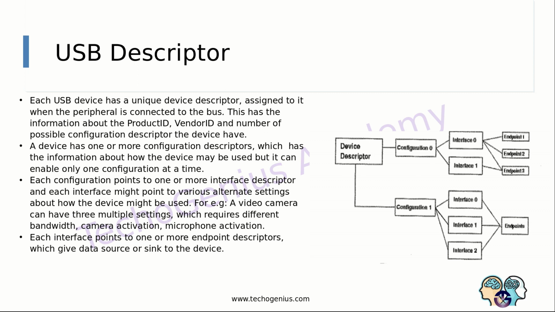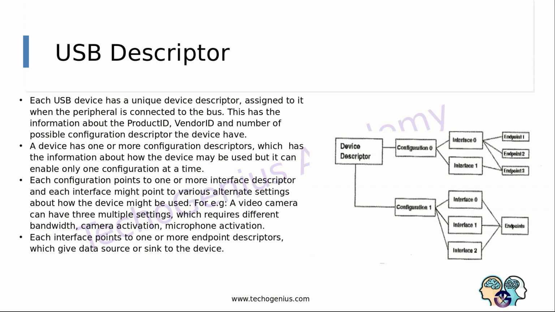A USB descriptor is a unique device descriptor which will have a few components: one or more configurations, and these configurations will have multiple interfaces, and those interfaces will have multiple endpoints.